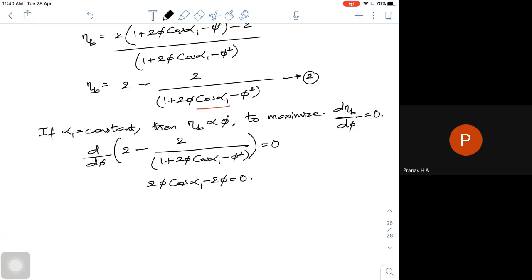If I differentiate, I'll get cos alpha 1 is equal to phi, which is equal to u by v. Or similarly, I can write cos alpha 1 is equal to beta. This will be the condition.